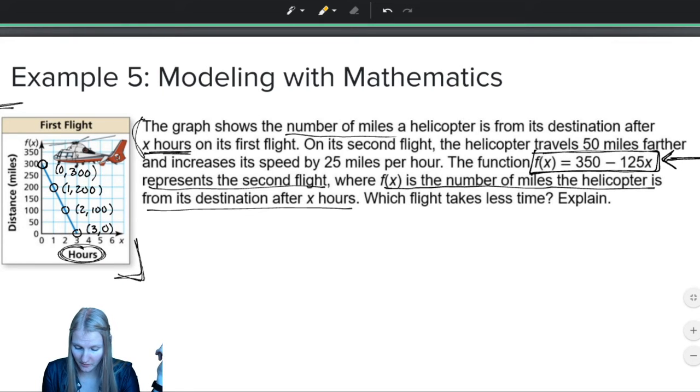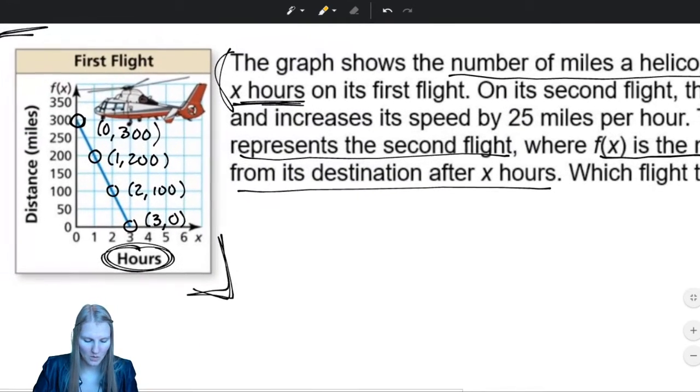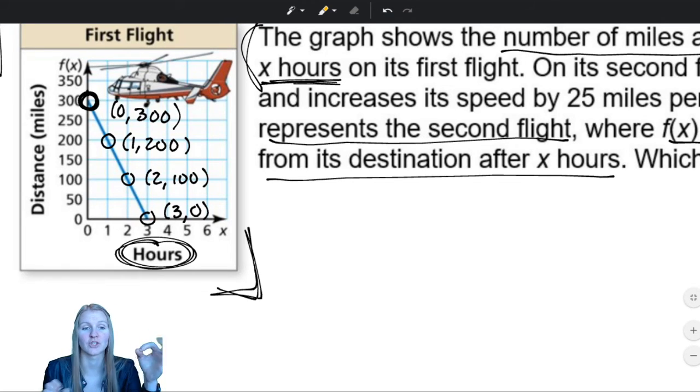The number of miles a helicopter is from its destination. So how much farther do we have to go? So at 0 hours, when we have been flying for 0 hours, we are 300 miles away from our destination.